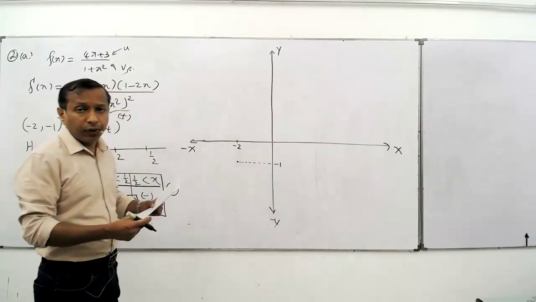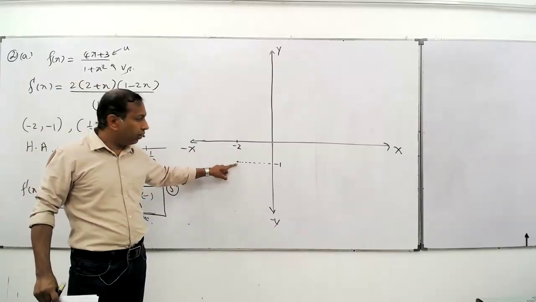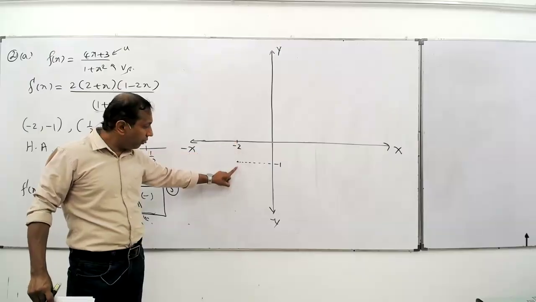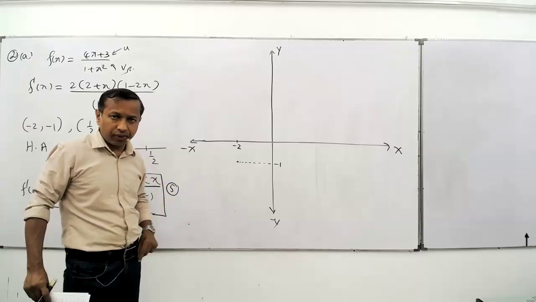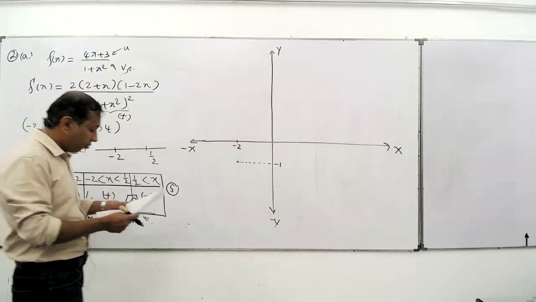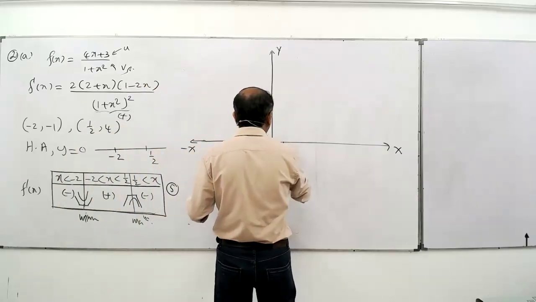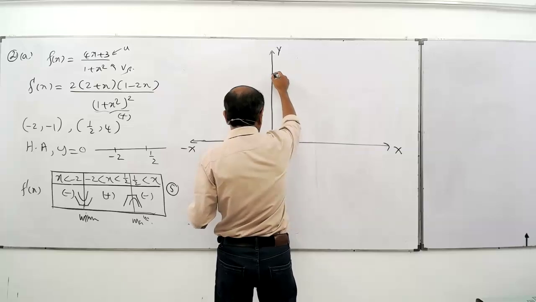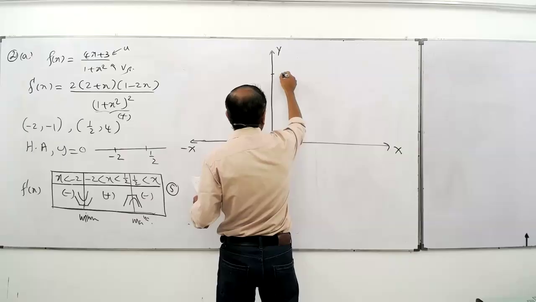It is very important, people, showing the coordinates of the turning points. You can either show them this way or else write the coordinates below or close to the point. And the other one is x equals half, somewhere here. This is the other stationary point.